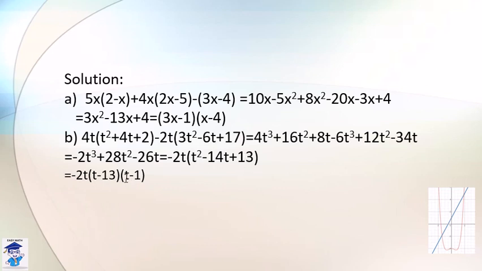You can make negative 13 times negative 1, so it's positive. But the middle is negative 14t, so it's negative 1t, negative 13t. Total is negative 14t. So the final answer of B is negative 2t times t minus 13 times t minus 1.